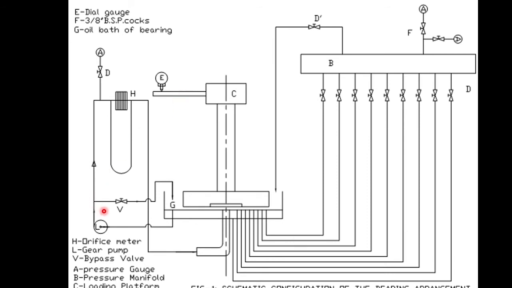Let us open this valve a bit. What will happen? Flow through this path will reduce. Let us check this movement once again. And then let us open this valve some more. At one point, we will feel that it is getting jammed. We can take the previous reading as the minimum flow rate which is required to establish the hydrostatic action. That is how we measure the minimum flow rate.